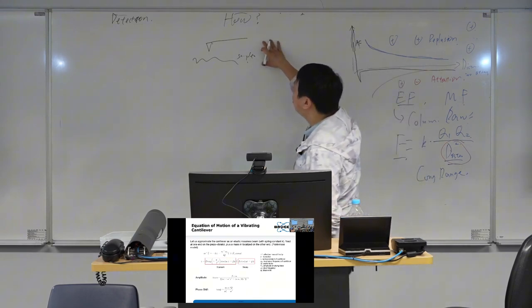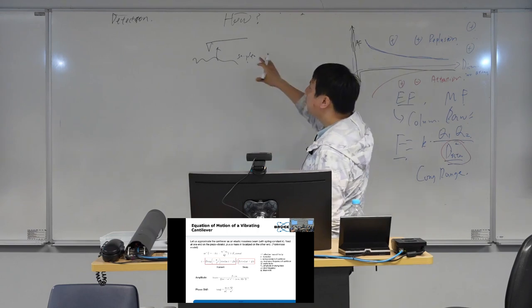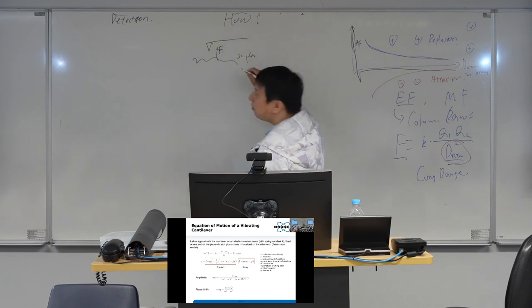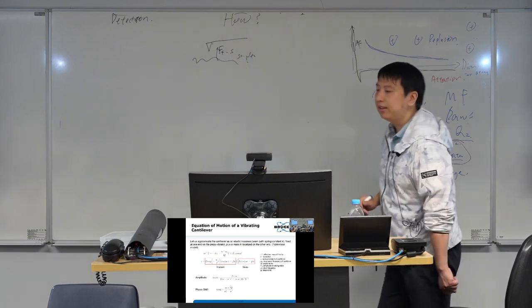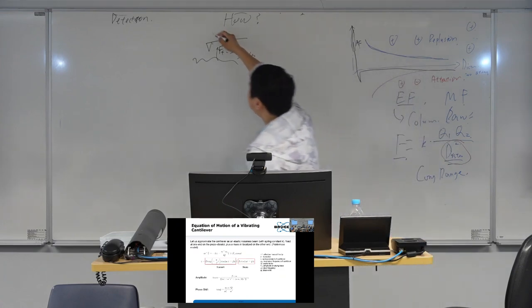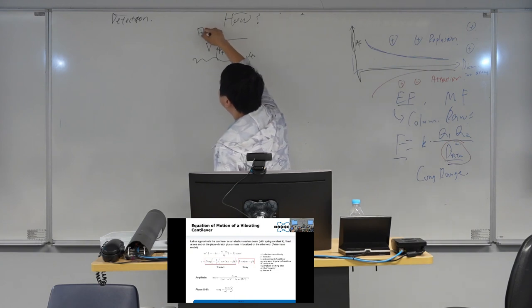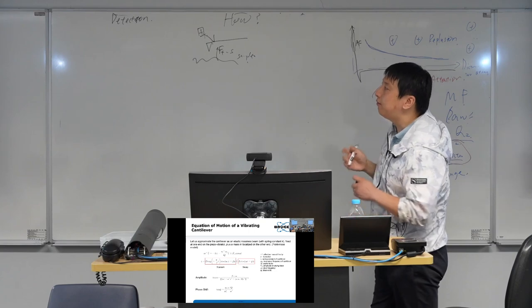With this probe and a sample, there will be an interaction force, and we call it the force between tip and the sample. This force is detected by the cantilever, and then the cantilever is detected by the laser. That's the whole idea of the AFM.